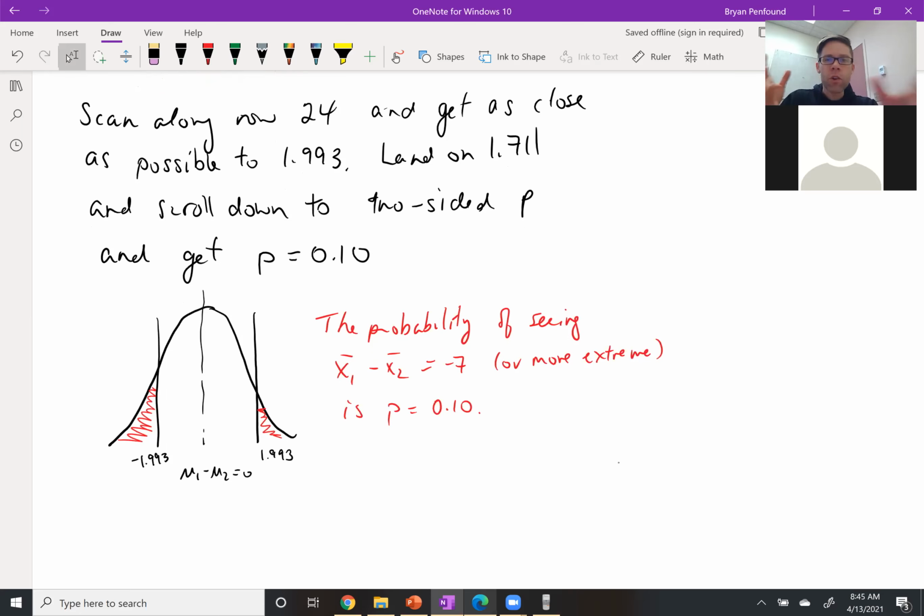If you want to know the interpretation of this probability number, it's essentially giving us the odds that we see a difference similar to -7 or more extreme, and that's 10%. I would say 10% really isn't small enough for us to warrant any concern. It probably does not give us enough evidence to suggest that there's a difference between these two subgroups. Remember that typically the gold standard is 5%, which is what we compare to.